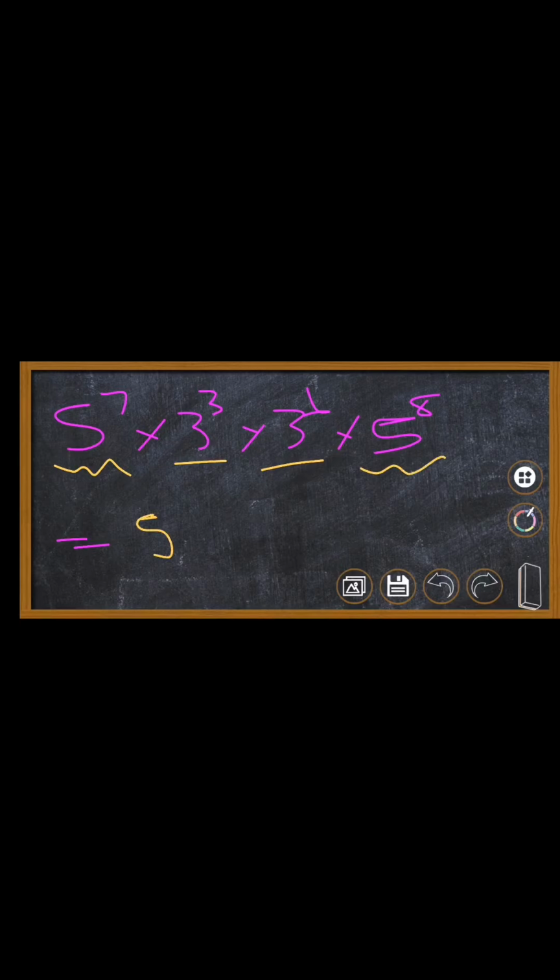So 5 to the power of 7 plus 8, right, times 3 to the power of 3 plus 6. If you simplify that, 5 to the power of 7 plus 8 is 15. So we get 5 to the power of 15 times 3 to the power of 9.